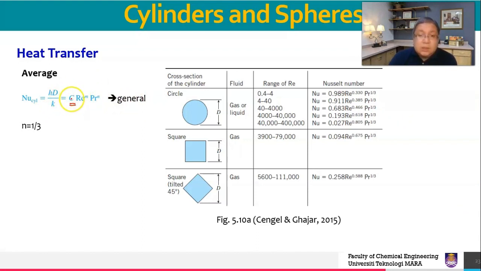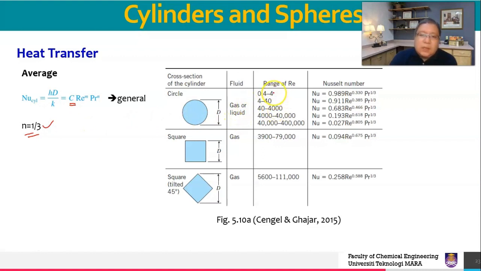For the circular cylinder, for example, C is 0.027, 0.193, and so on, and m is the power of the Reynolds number, and the power of the Prandtl number is always 1/3, so no problem, it's always this value.